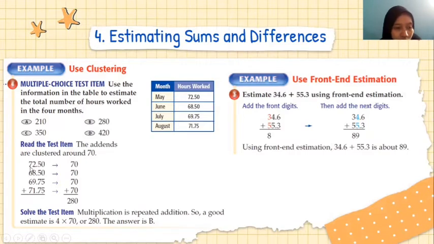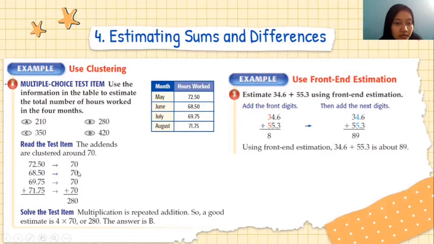So 27 is close to 70, 72 is close to 70, 89 is close to 70, 98 is close to 70, and 71 is close to 70. So we get 70 for all of them.